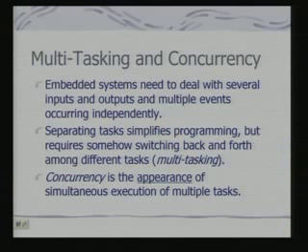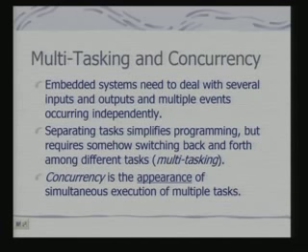Let us look at multitasking and concurrency. We are all familiar with this definition; this is just a review. Why is multitasking important for embedded systems? They need to deal with several inputs and outputs, and multiple events can occur independently. So an embedded system in many cases is expected to be multitasking.